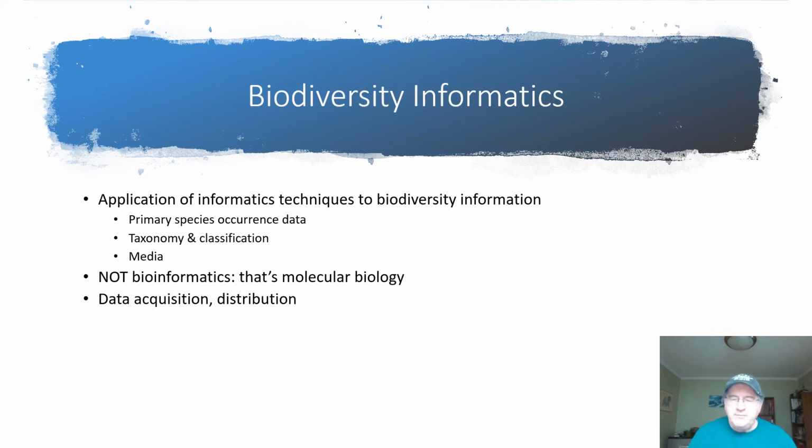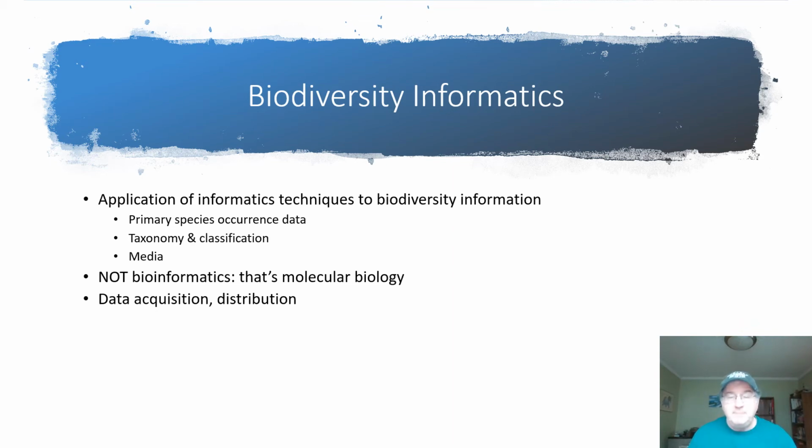But in terms of biodiversity informatics, the primary data elements I'm talking about are those primary species occurrence data, the time and place, the method, and who did it that's involved. The identification of the organisms, so both the taxonomy and their classification are elements of biodiversity informatics.